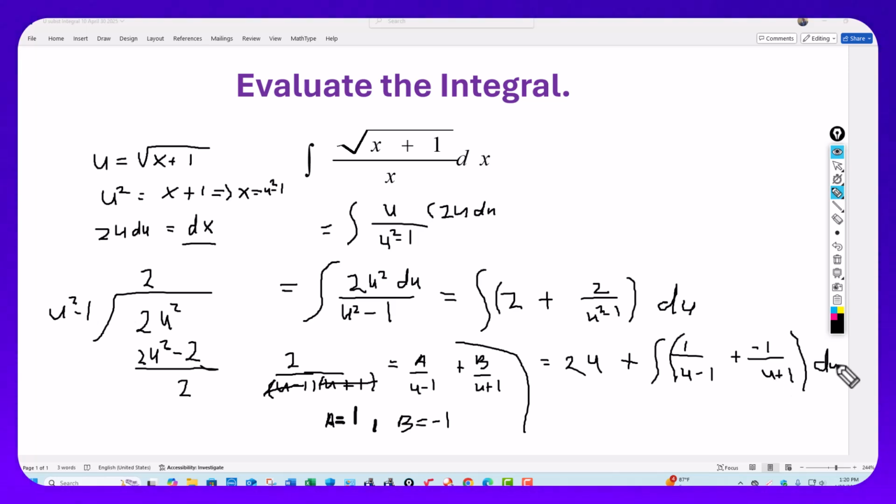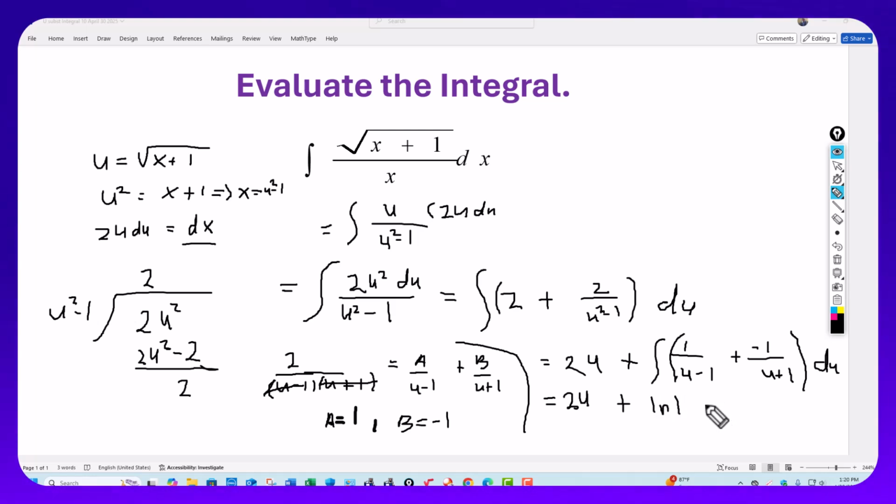So we have a constant in the numerator, 1 over here, negative 1 over here. In the denominator, we have linear factors, and the derivative is 1, so this is easy to integrate. This is, again, 2u plus ln of the absolute value of u minus 1.